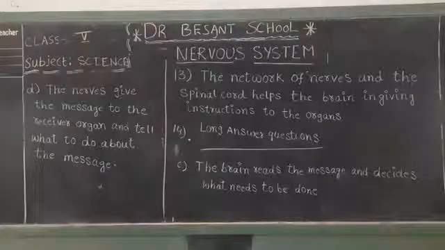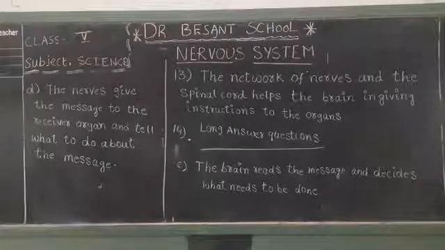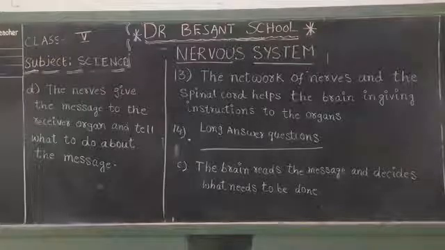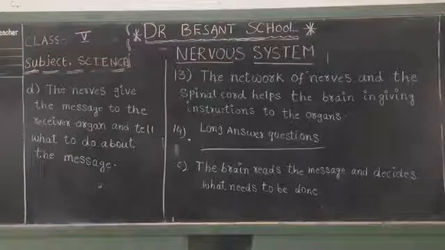Note it down. C. Under long answer question, C is given. The brain reads the message and decides what needs to be done. And after that, D. The nerves give the message to the receiver organ and tell what to do about the message. Isn't it or not?